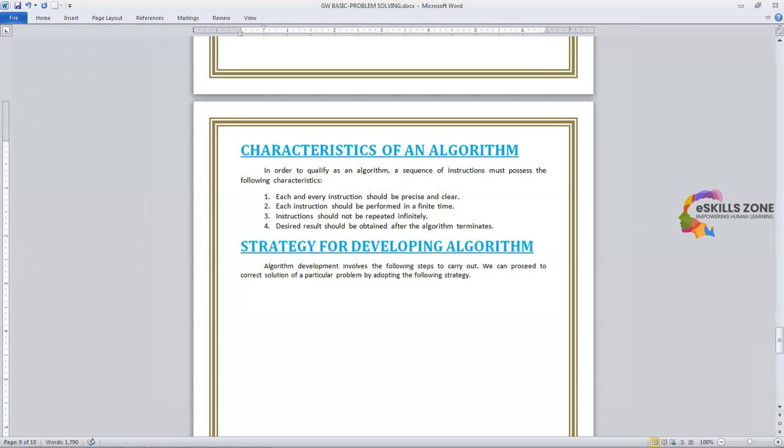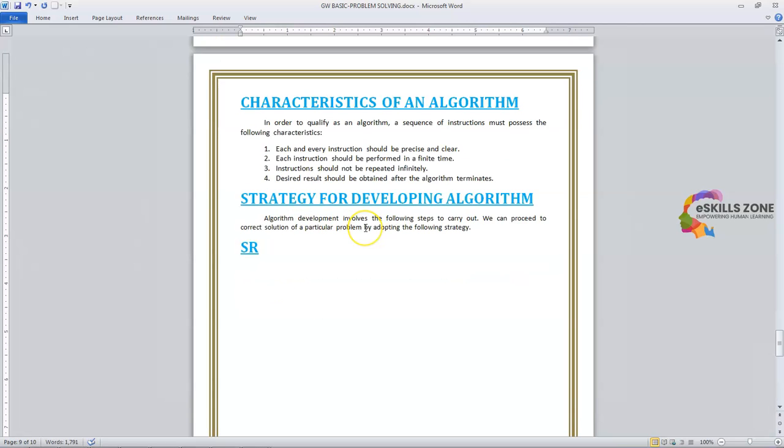Number one is the investigation. So we are now discussing the strategies for the development of an algorithm. Number one, you can call it step one, investigation.